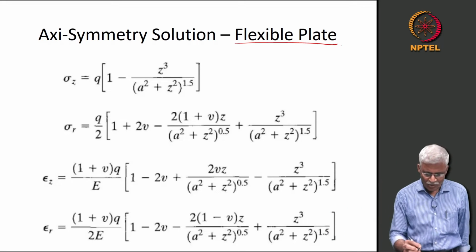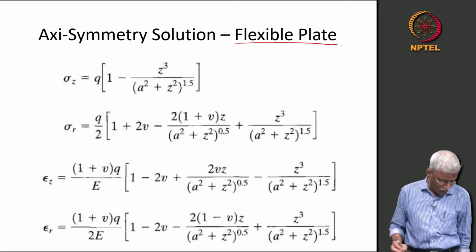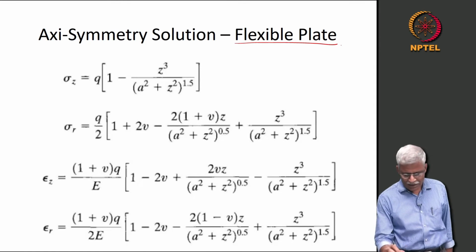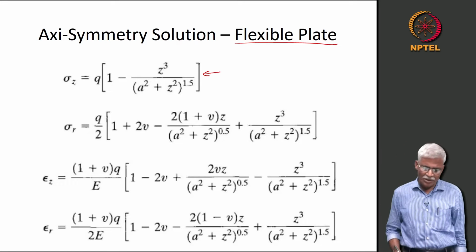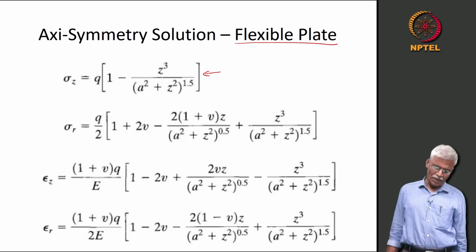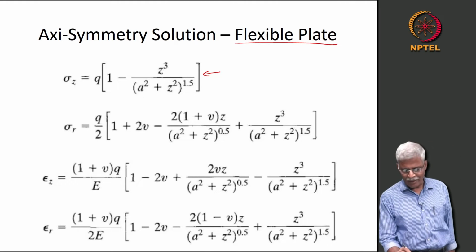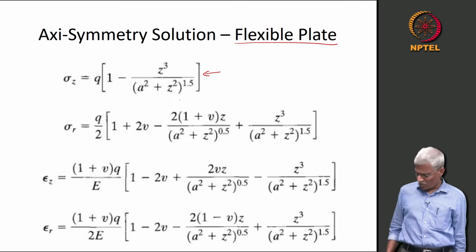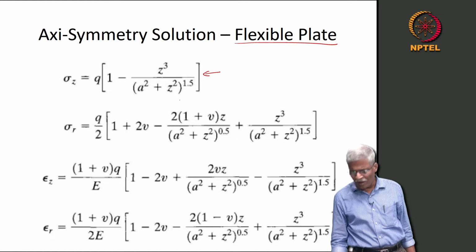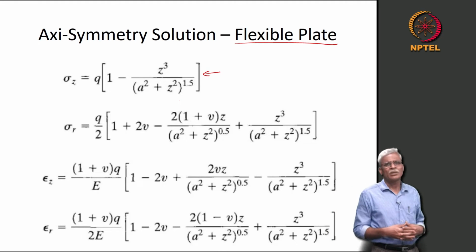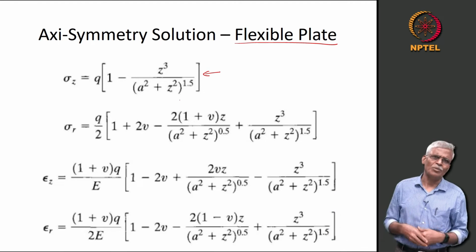Now comes the most important thing. If you take a look at this particular slide, this is what I said: sigma z is equal to q into 1 minus z cubed divided by a square plus z square to the power 1.5. Now, you must be thinking, when I take this exam, should I remember this formula? You do not need to remember the formula.